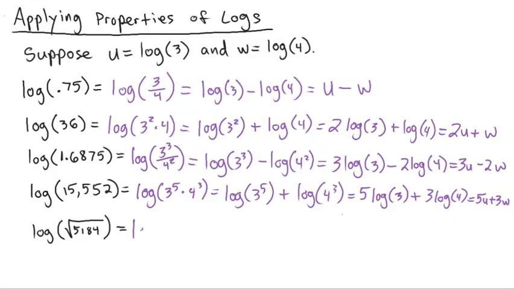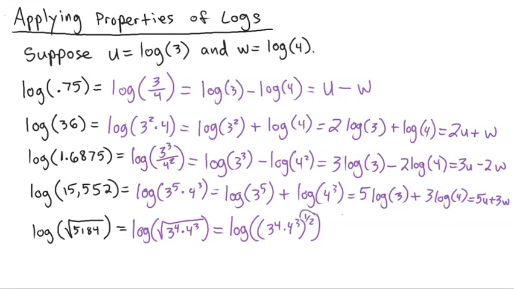Okay, so let's go back here. And this is going to be log of the square root of 3 to the 4th power times 4 to the 3rd power. What we're going to do is this square root, we're going to make it the 1/2 power. So we're going to write log of, in new additional parentheses, 3 to the 4th power times 4 to the 3rd power, to the 1/2 power, because 1/2 power means square root, okay?